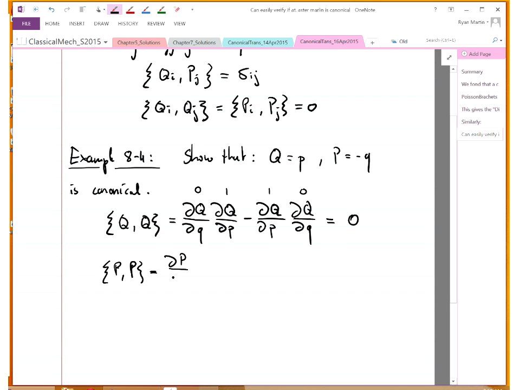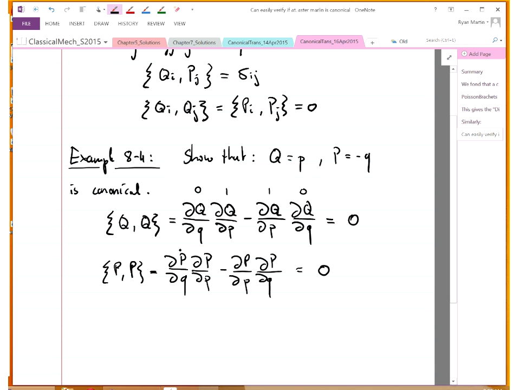Let's try P with P. So the Poisson bracket says I have to do ∂P/∂q times ∂P/∂p minus ∂P/∂p times ∂P/∂q. Again, those commute, so it's identically 0.